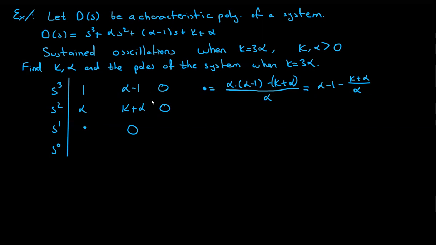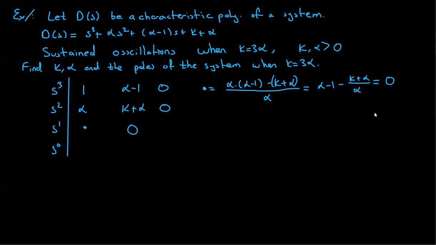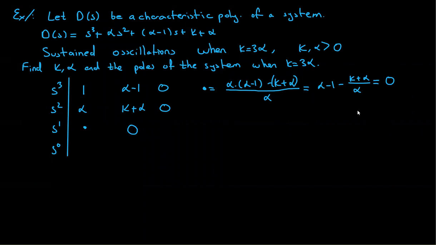So when K is equal to 3 alpha, I observe sustained oscillations. So then I will have purely imaginary poles, symmetric on the imaginary axis. Then I should have a 0 row over here, right? So that term over here should be equal to 0 when K is equal to 3 alpha. So then I can solve for alpha there.